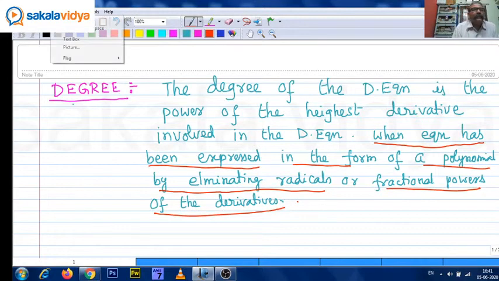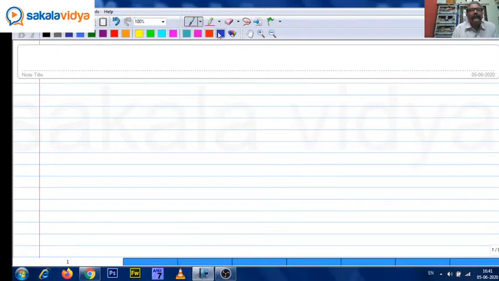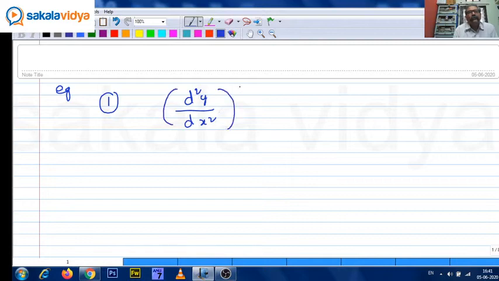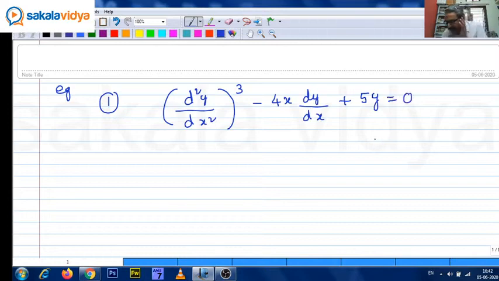So now let us go for examples. Here, consider the first example: (d2y by dx square) whole cube minus 4x dy by dx plus 5y equals 0. This is an ordinary differential equation.